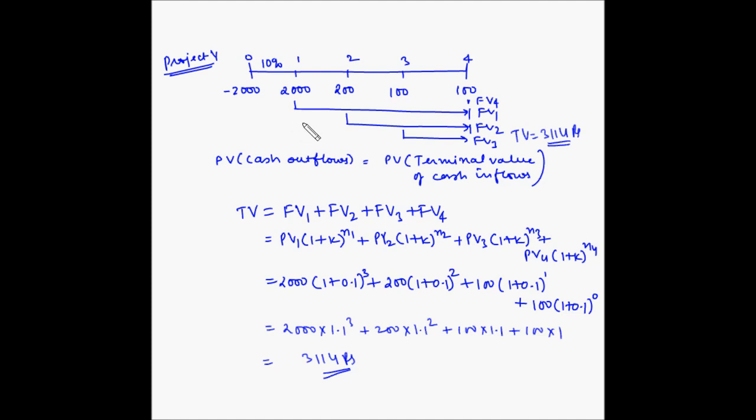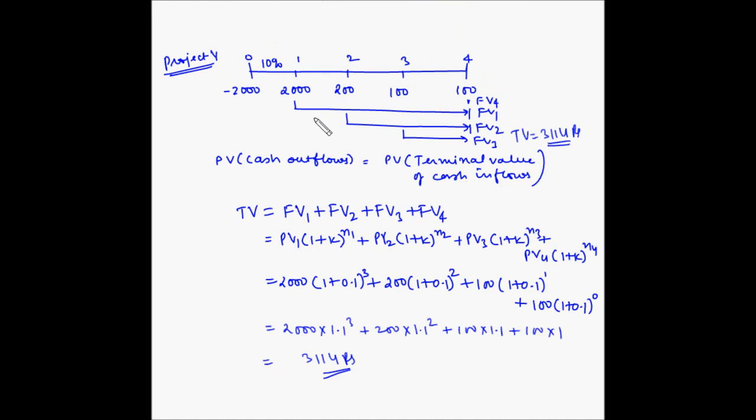I want to point out one thing, that in this example, we only have one cash outflow, which is at the beginning, or at the present value. However, let's say you had a cash outflow at the end of the second year. Now we have to find the present value of that cash outflow. So the present value of that cash outflow will also be calculated at the cost of capital.